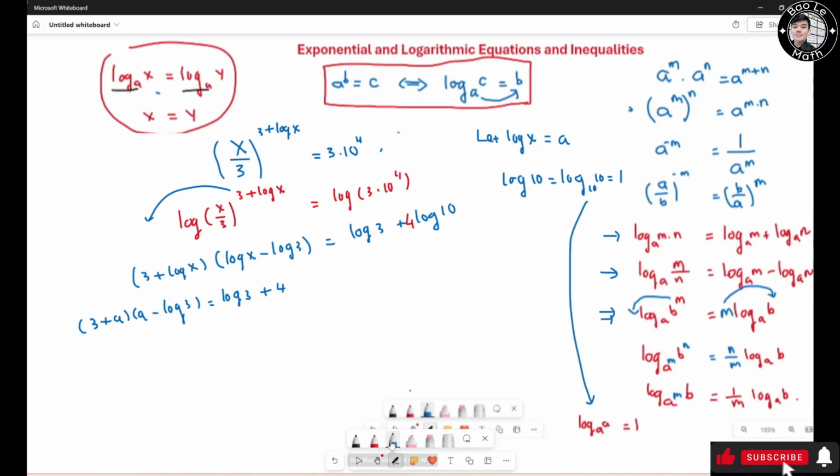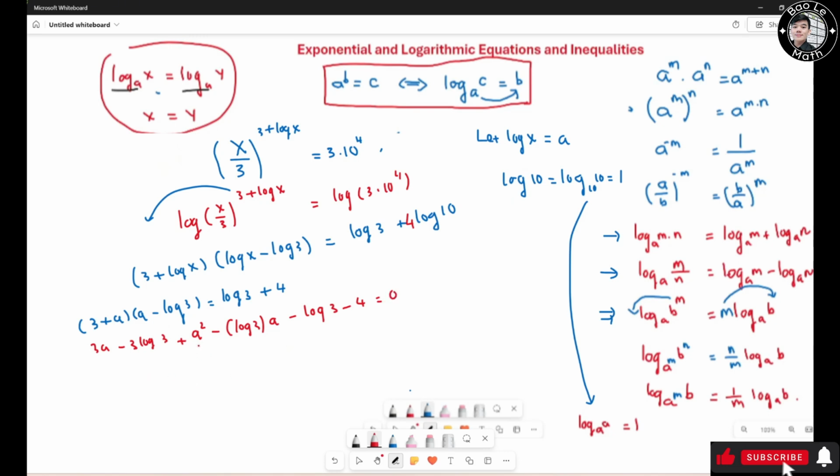So I just distribute this and turn this into a quadratic equation, right? So I have 3a minus 3 log 3 plus a squared minus (log 3) times a equals log 3 plus 4, right? Now I need to subtract log 3 plus 4 from both sides, right? So this turns out to be a subtraction, and this equals 0.